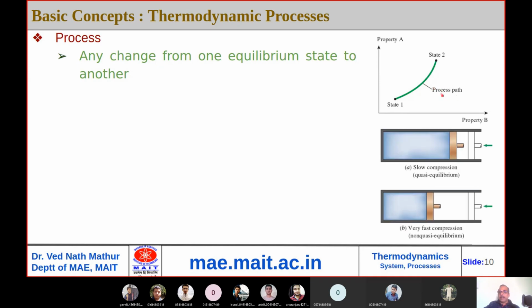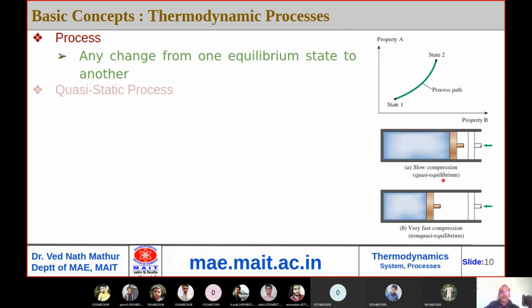Like there can be again a cylinder with a piston, and if this piston is moving, the volume is decreasing. So the system changes from one state to another state. Now this change in state can be very slow or it can be very fast. A very slow change in state is called quasi-equilibrium.